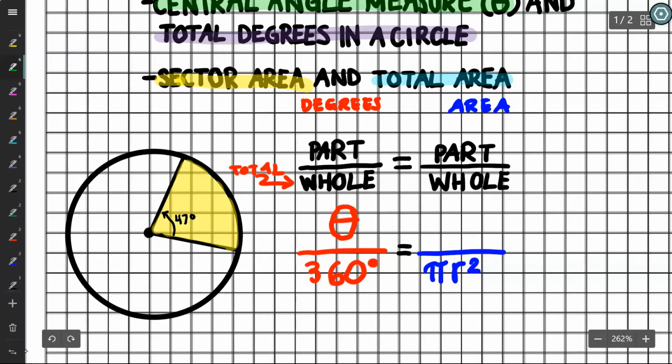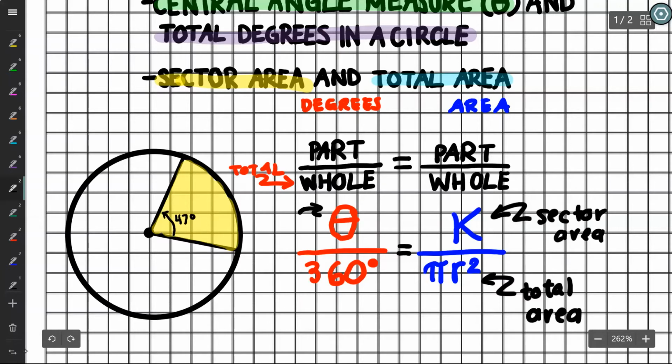And for our area, it's going to be our sector area, which we're going to abbreviate using the letter K. So K is just sector area. This is total area. And up here we have our central angle.